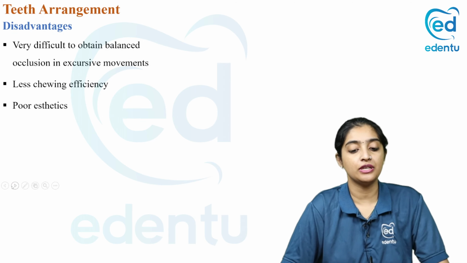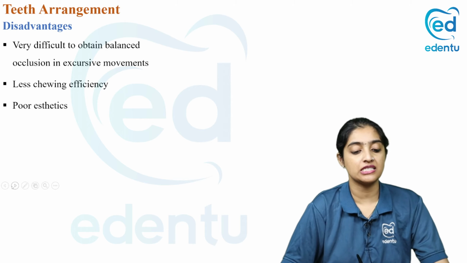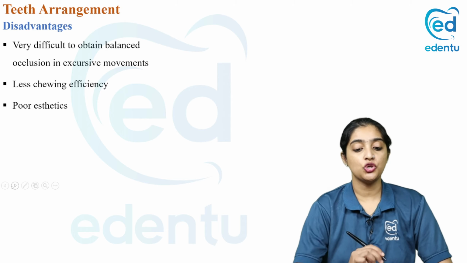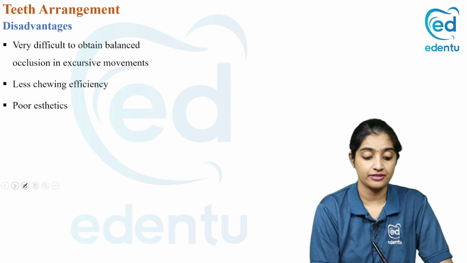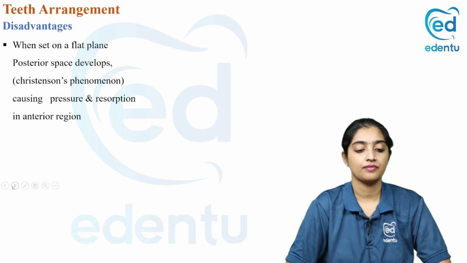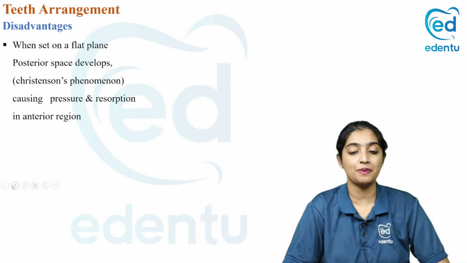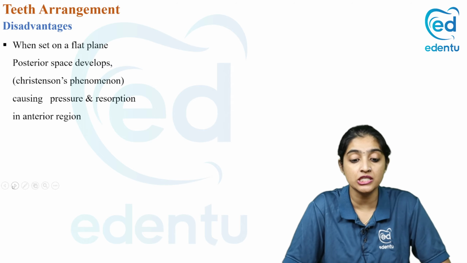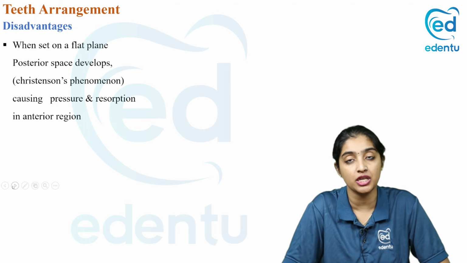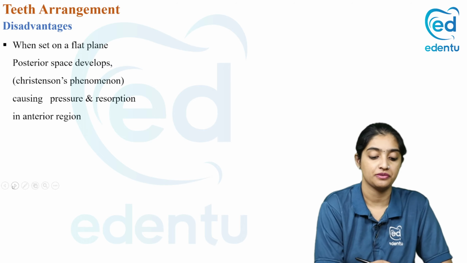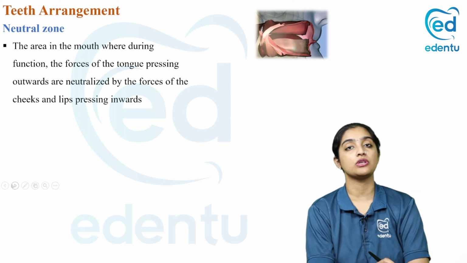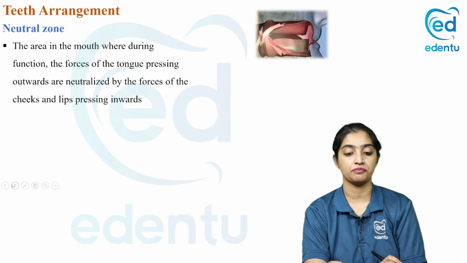Disadvantages: it is very difficult to obtain balanced occlusion in excursive movements, and there is less chewing efficiency and poor aesthetics. When set on a flat plane, posterior spaces develop, that is, Christensen's phenomenon is seen, causing pressure and resorption in the anterior region. So it is very difficult to attain balanced occlusion.